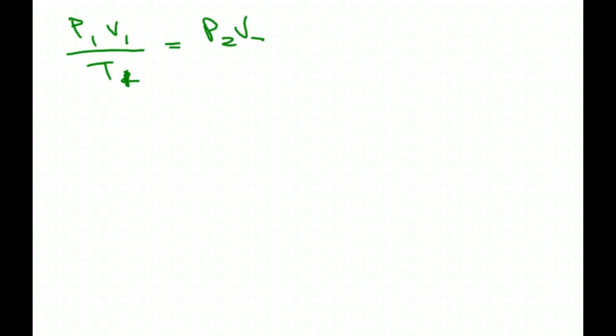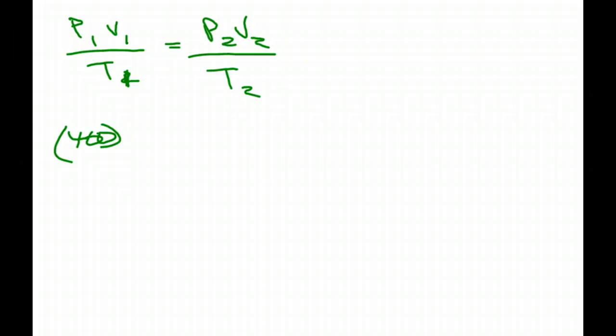So when you get to ones like 57.2, let me write the equation here first. P1 V1 over T1 equals P2 V2 over T2. It says the initial pressure was 400, and the initial temperature was 1200. The volume was held constant.